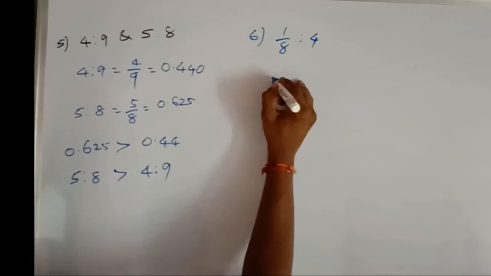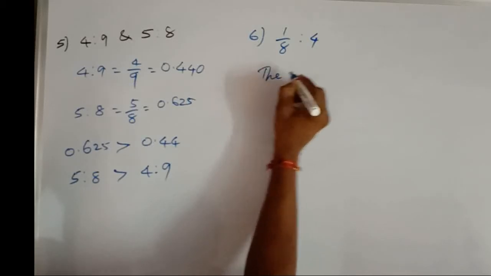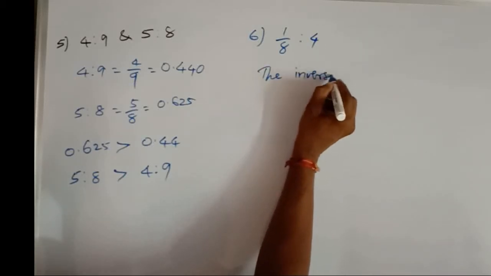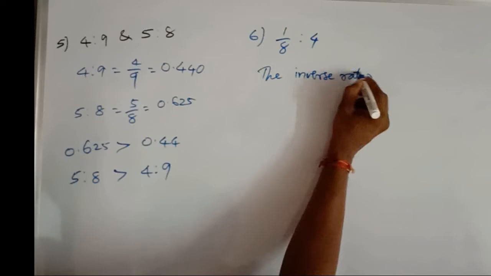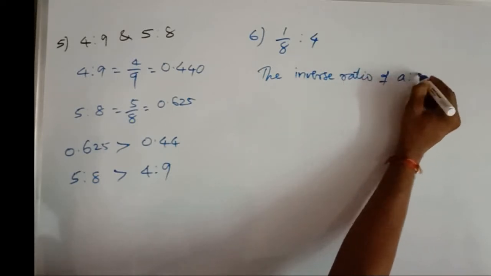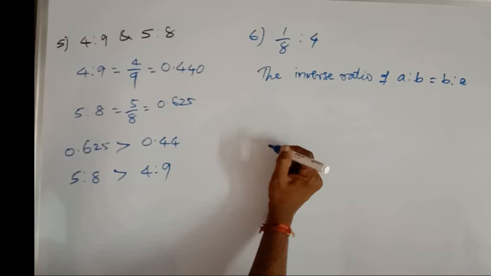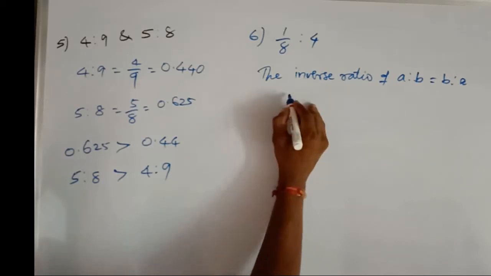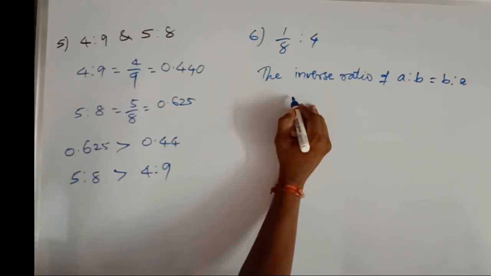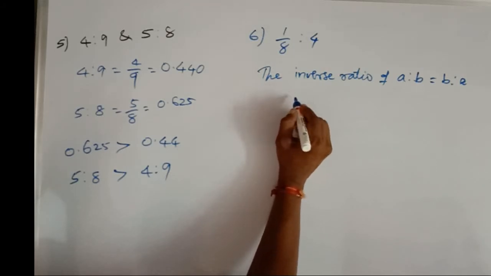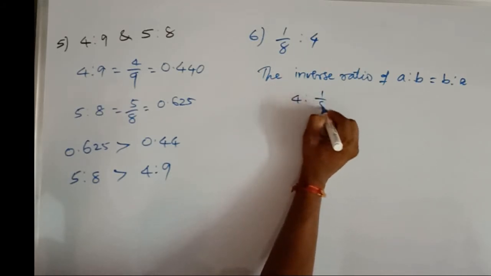The inverse ratio of A is to B is B is to A. Here A is to B is 1 by 8 is to 4. So B is to A is 4 is to 1 by 8.